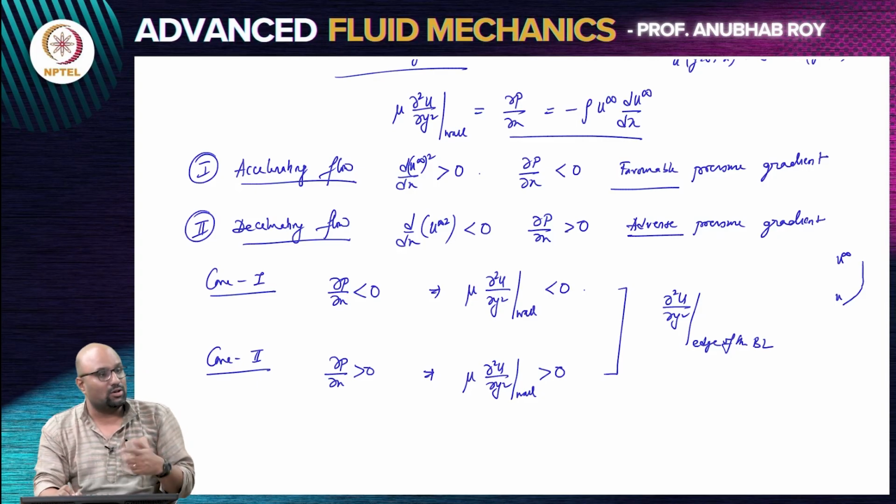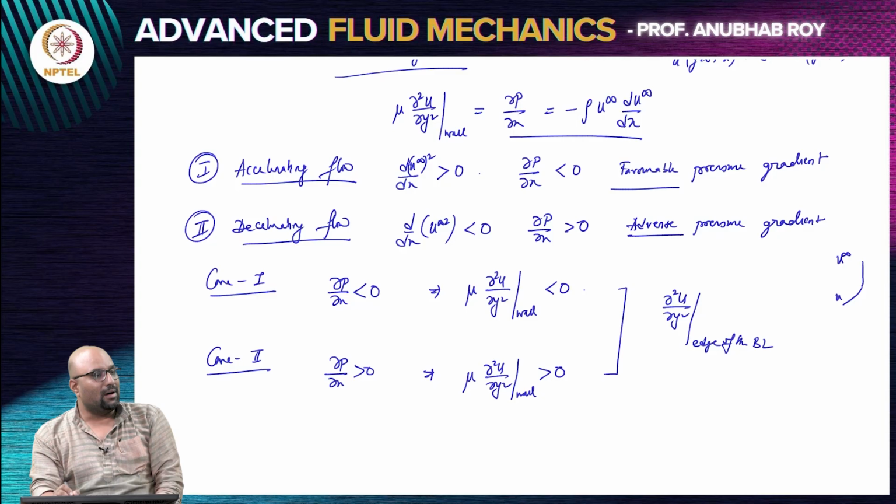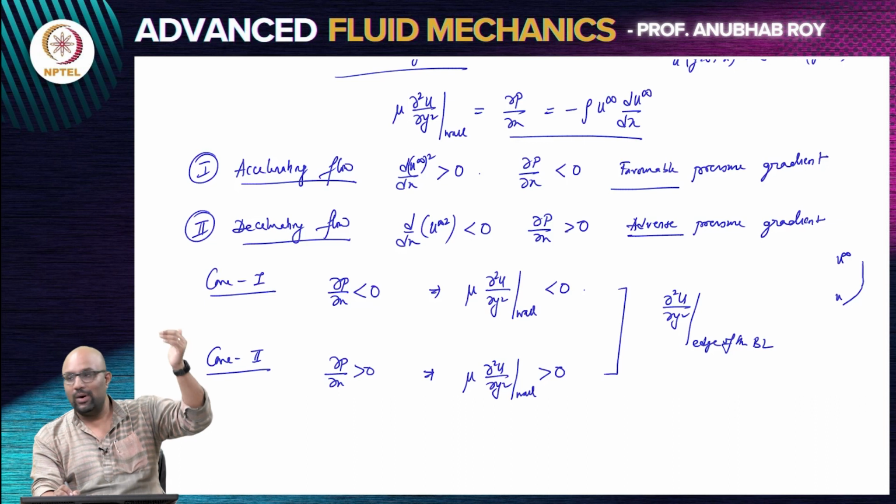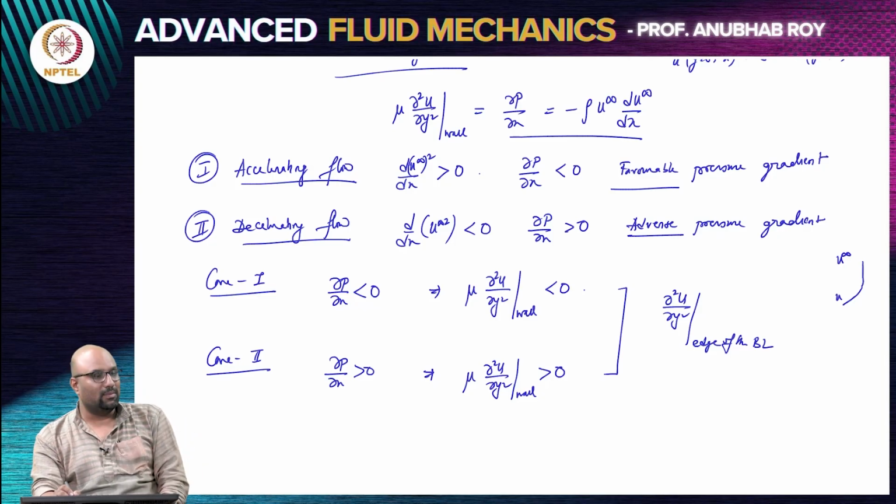We discussed this also when we were doing the von Karman momentum integral approach. We said that one of the boundary conditions we applied at the edge of the boundary layer was that the slope should go to 0. ∂u/∂y should go to 0 at the edge of the boundary layer. But a function can go to 0 from positive values or from negative values. So what would be the sign of ∂u/∂y just below the edge of the boundary layer?